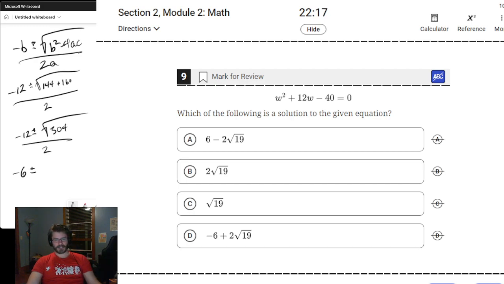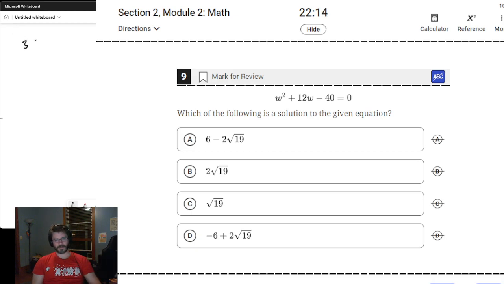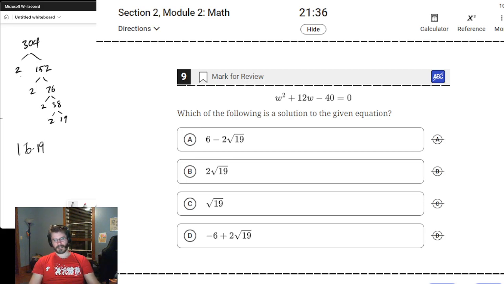So we're going to do a quick factor tree. 304 to 152. 152 divided by 2 is 76, to 38, to, what's that? 38 is 19, and that's as far as we can go. So 2, 4, 6, 2 times 2 is 4, times 2 is 8, times 2 is 16. So 16 times 19 is the guy there.